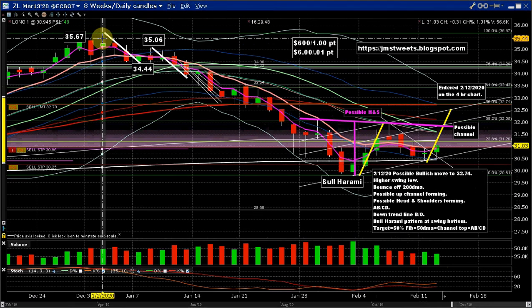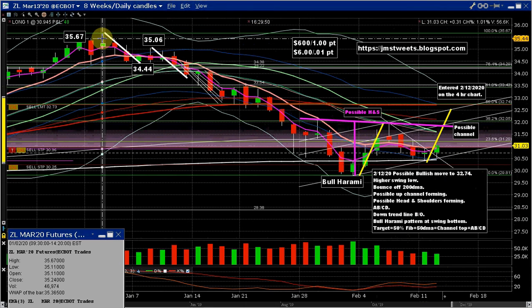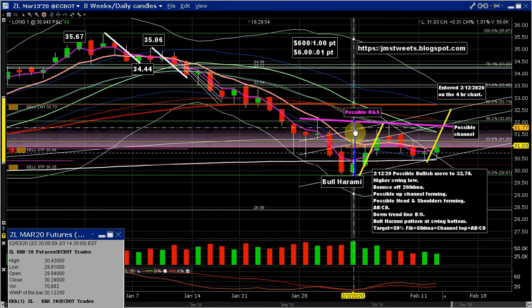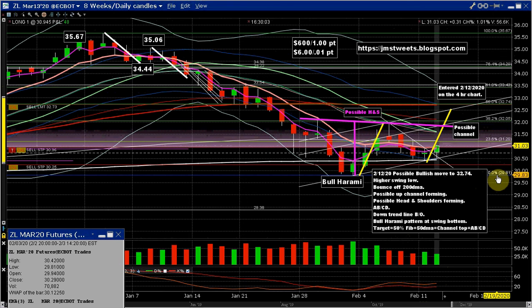All right, so this was a swing high back on January 2nd, and this is the swing low just recently on February 3rd. So I drew the Fibonacci levels that cover this range. This is 0 at the bottom, 100% at the top, which puts 50% right here. So that is a very typical retracement level, 50%.